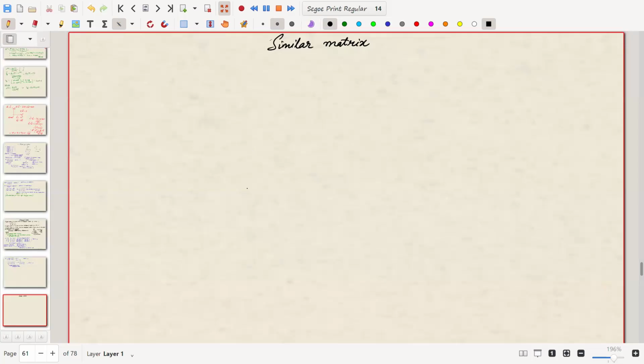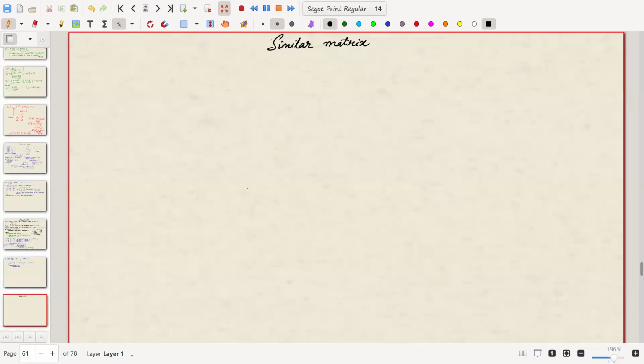Any ideas? When are two matrices said to be similar? What does your intuition tell you?